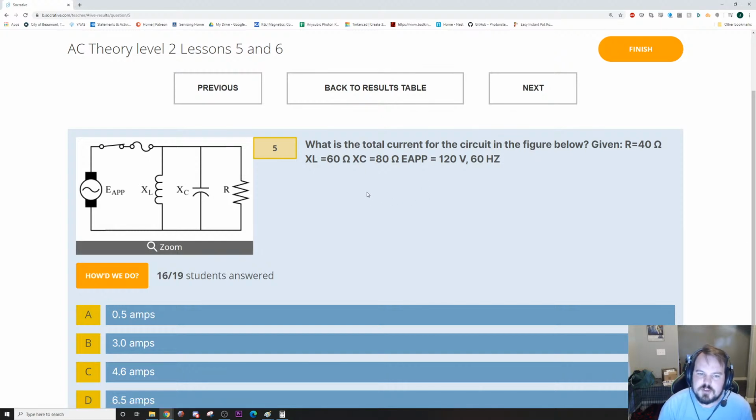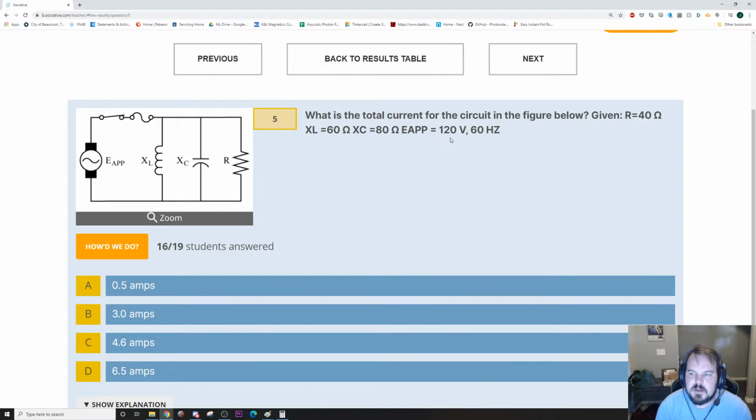Total current for the circuit in the figure below. Probably they've given us something super easy. They didn't. So you have to find the different currents down the different legs. 40, 60, and 80.